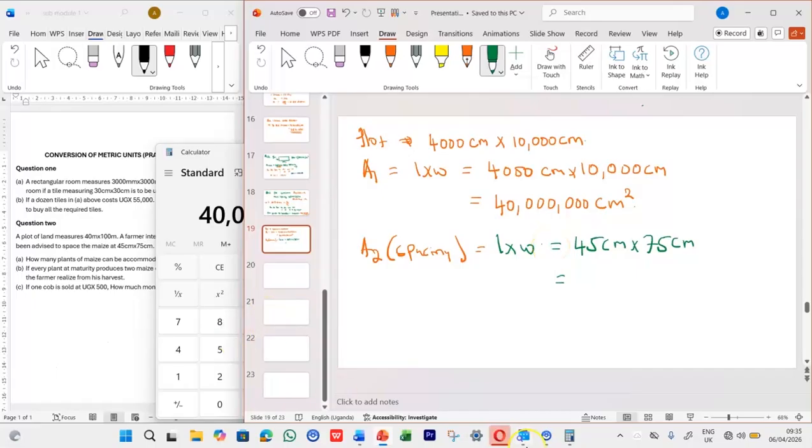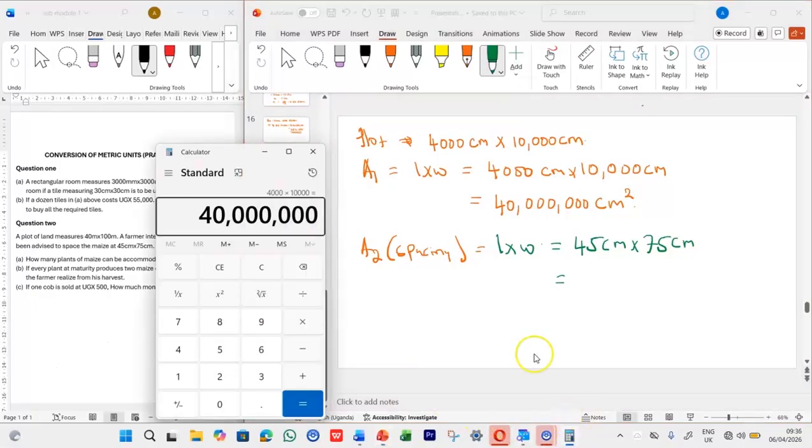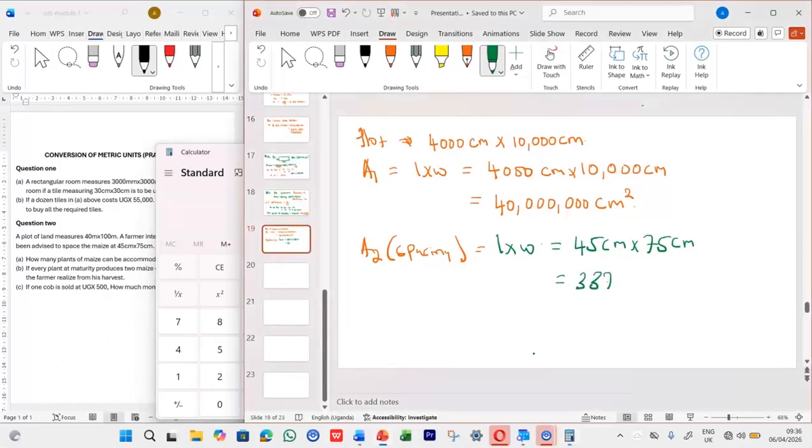Go to your calculator and put 45 times 75. You get 3375 centimeters squared. The unit should be the same: square centimeter, square centimeter.